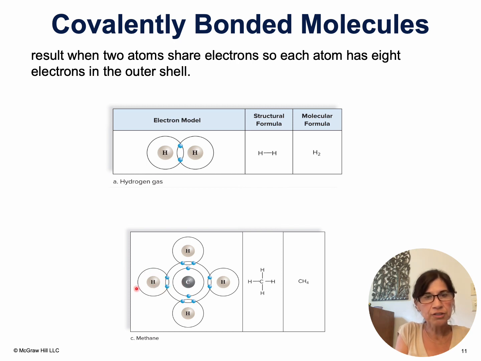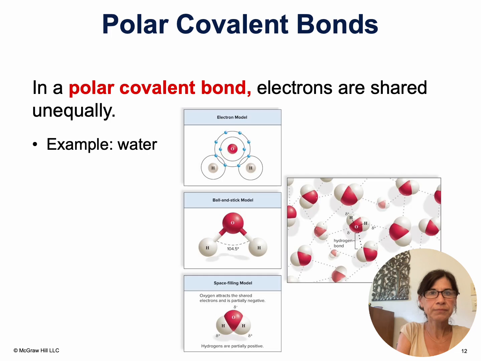So now the hydrogen has 2, and for each hydrogen, the carbon is gaining 1 more electron. 4 hydrogens, 4 more electrons that orbit around the outer electron shell, making a total of 1, 2, 3, 4, 5, 6, 7, 8. So it is satisfied. And this is the molecule methane, CH4. You don't have to write a 1 for the carbon.